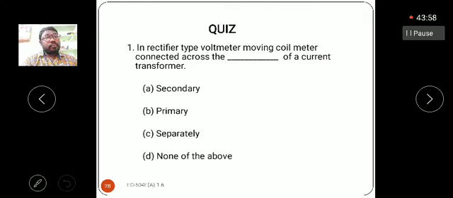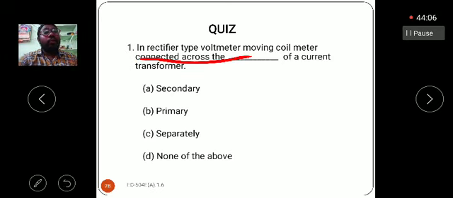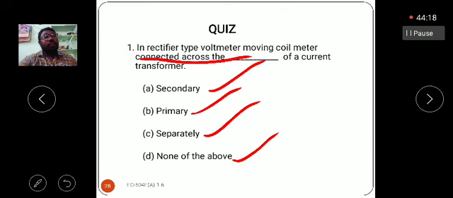The options are secondary, primary, separately, and none of the above. What is your answer? Separately. It is not specifically in series or in parallel; separately, we connect the current transformer in this rectifier type voltmeter.